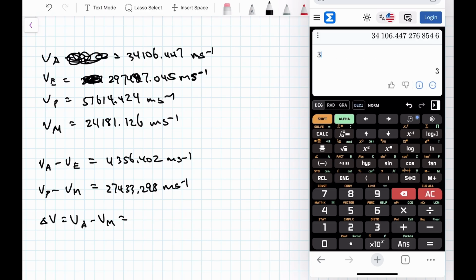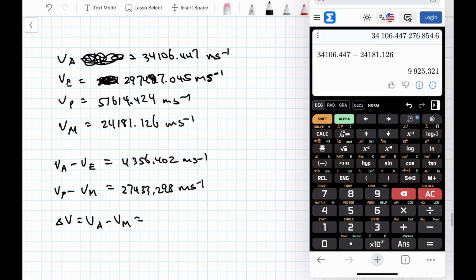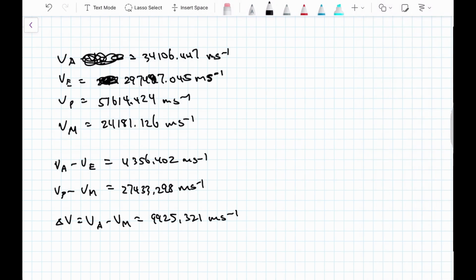And that is 34106.447 minus 24181.126. Okay, now that gives us 9925.321 meters per second. And these are the answers to the question.